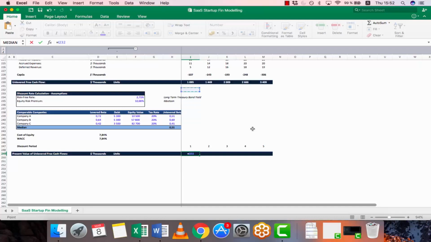We are taking the unlevered free cash flow, dividing it by 1 plus weighted average cost of capital, and adjusting for the discount period. Here we can take as well the mid-year discount and other adjustments like continuous discounting for the proper value allocation, but we will make it simple here.